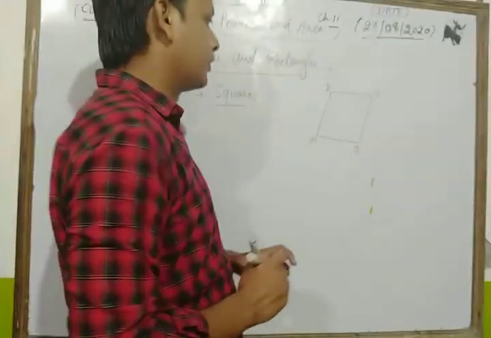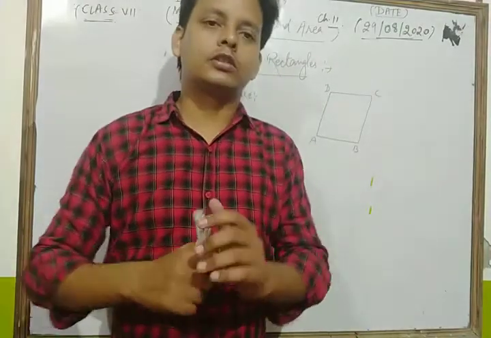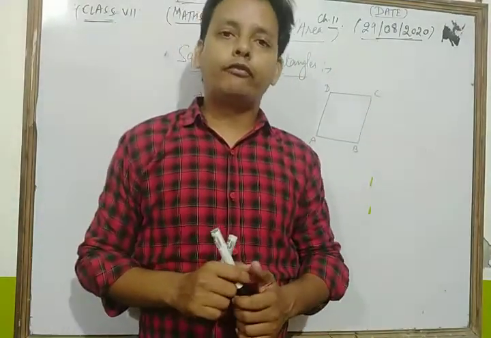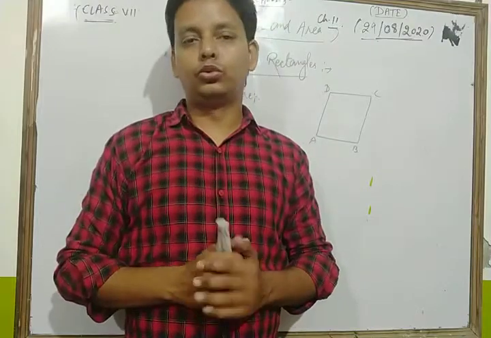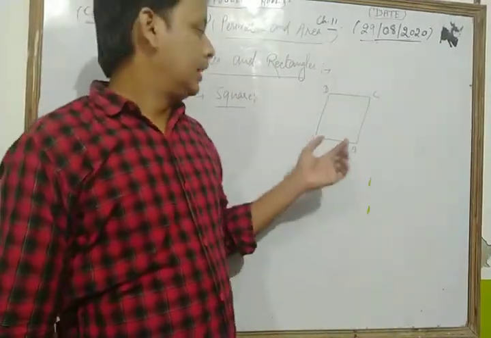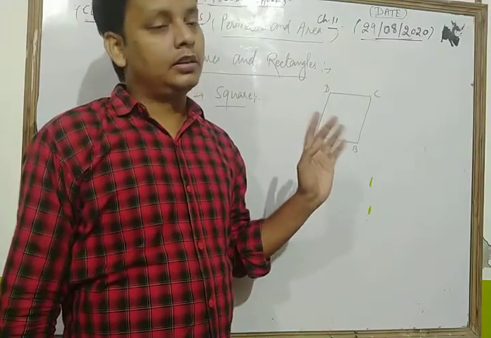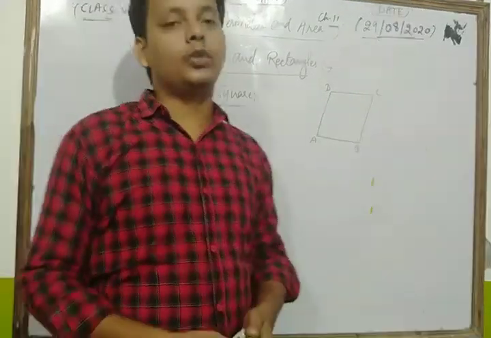Dear students, a square is also a quadrilateral which is bounded by 4 line segments. You know that very well. In a square, all sides are equal.